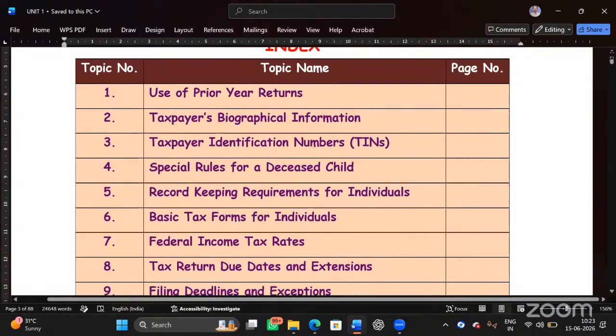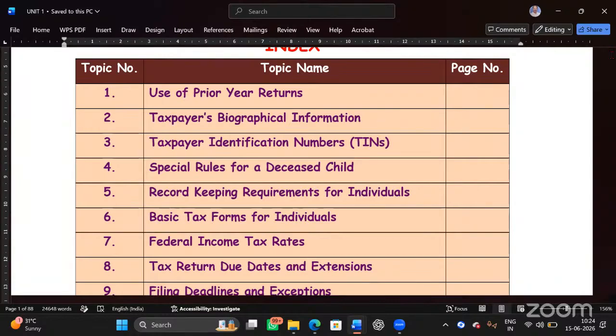I am requesting every student to familiarize with all subtopic titles. One is use of prior year returns. That means for the tax year 2025, we are filing income tax returns in the year 2026.